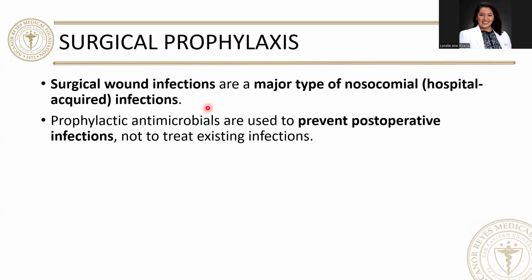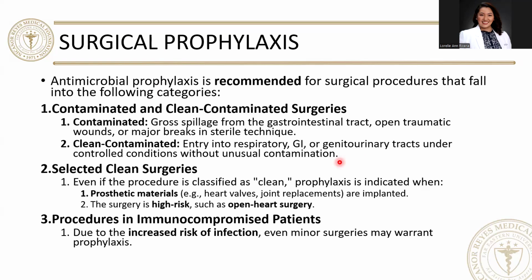When you say surgical prophylaxis, you have the surgical wound infections, which are a major type of nosocomial or hospital-acquired infections. Prophylactic antimicrobials are used to prevent post-op infections and not really treating actual infection. So it is more on prevention.